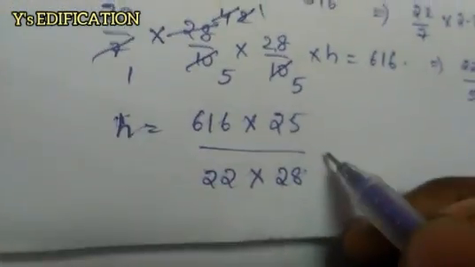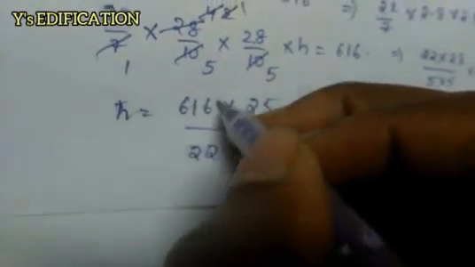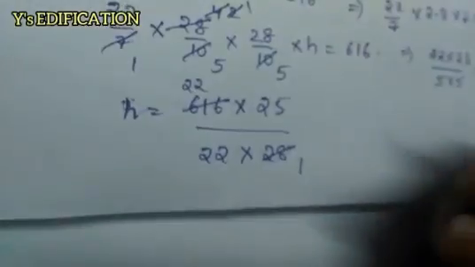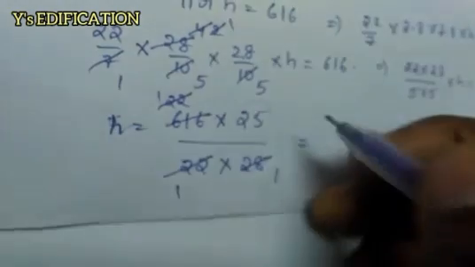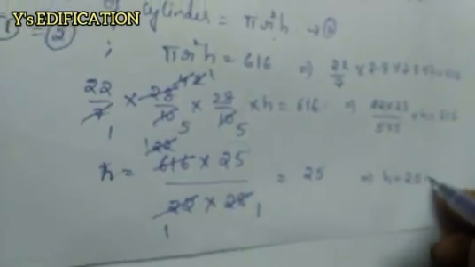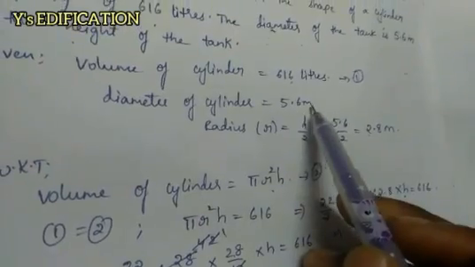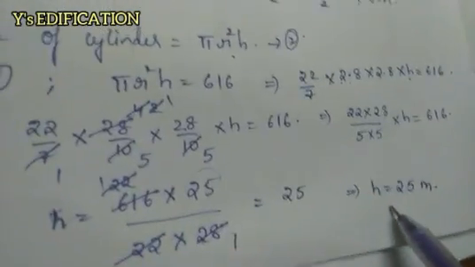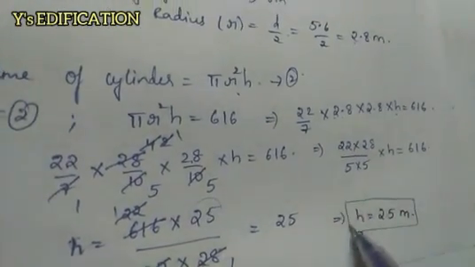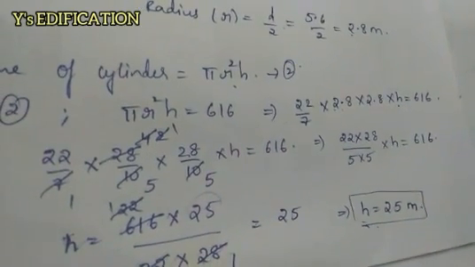We can cancel this with 28 ones are 28. 22 1s are 22. So what is the remaining value left here? 25. That means h value is 25 meters. Why meters? They gave us the question in meters. So what is the h value here? Height is 25 meters. Okay.